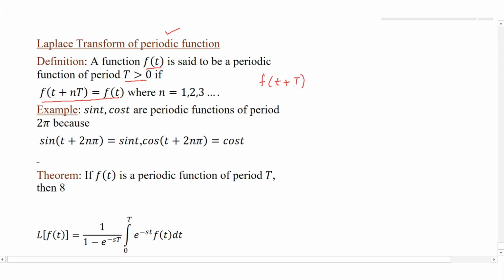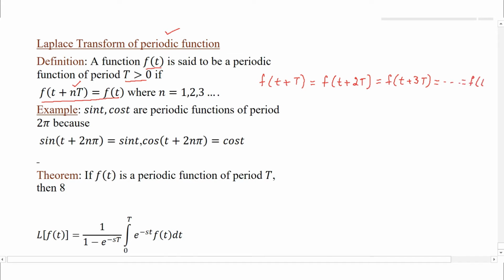Suppose I take the value of n to be 2, then we get t plus 2 times T. Or if I put the value of n to be 3, we get t plus 3 times T and so on. So for any value of n, the function should be equal to f of t itself.